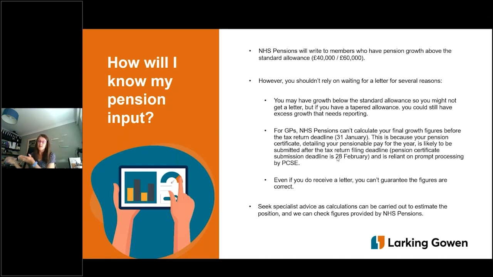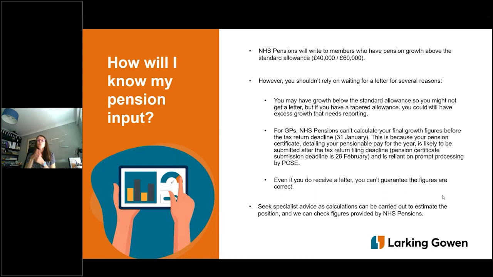That will be the earliest, and it's highly unlikely that you would actually even get the figures from the Pensions Agency at that date. Because of the delays with processing with PCSE, more often than not we see them start coming out in October, or sometimes even later, particularly if there's been opting in and opting out, and the records haven't been refreshed.